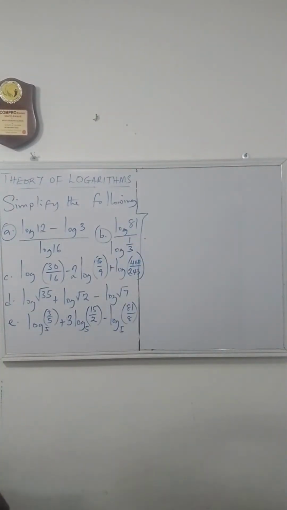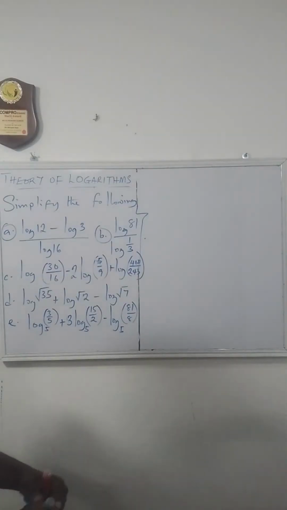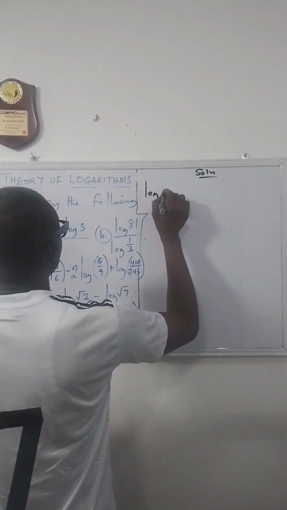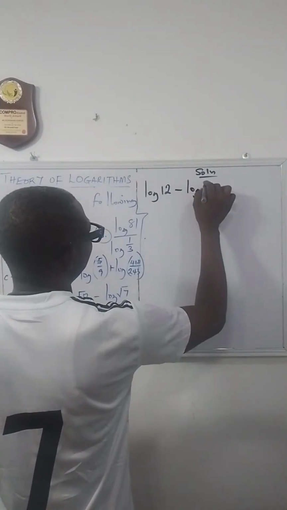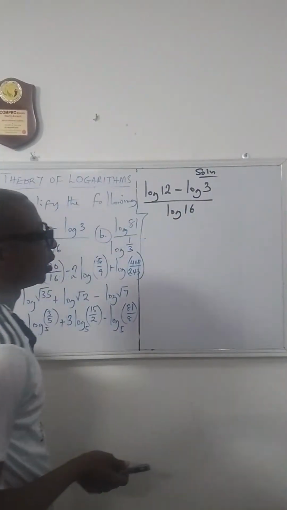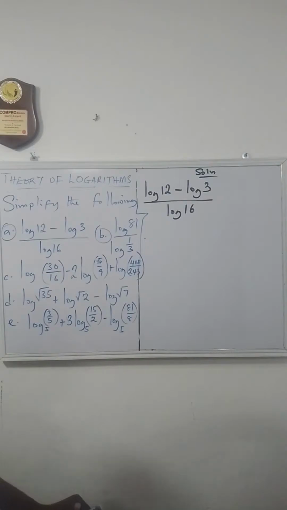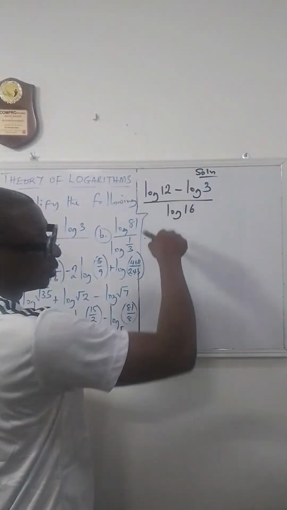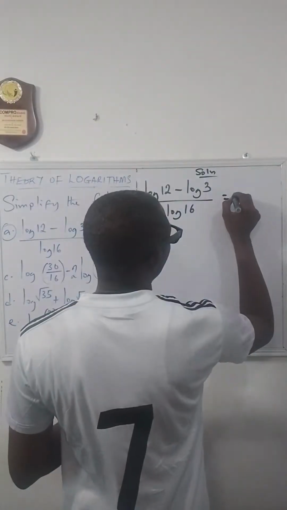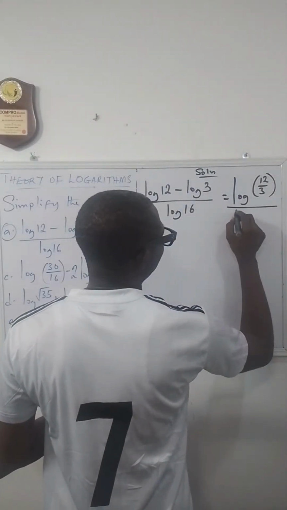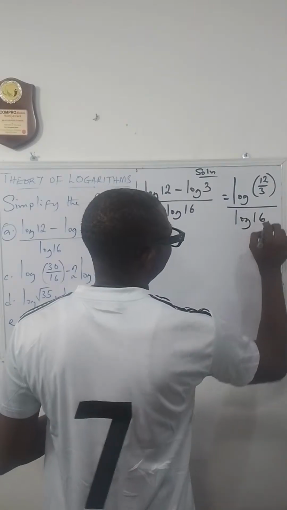Now, the first one, you have to simplify log 12 minus log 3 divided by log of 16. Solution. So we have log 12 minus log 3 over log 16. Now, they all have the same base. So I can tidy up the one in the numerator. When subtracting, you divide. So this turns to log of 12 over 3, all over log of 16.